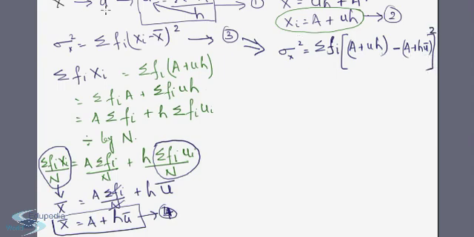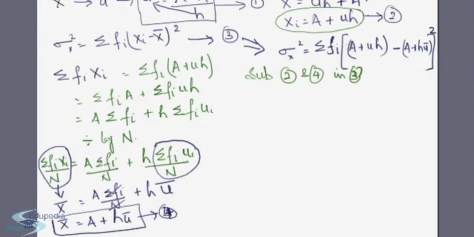So what have we done? We have simply substituted 2 and 4 in 3. Okay, so we have got this. Now here if we look at this, a and a will cancel out each other because it's a constant.